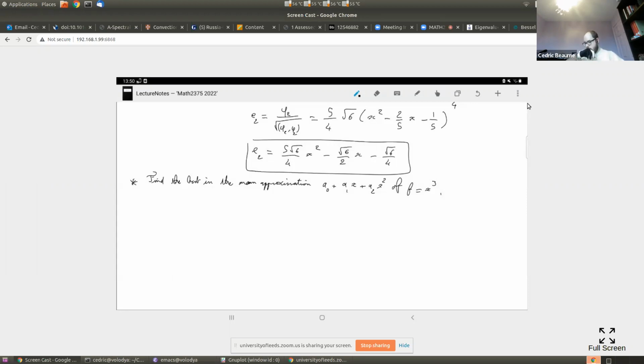So let's do that. The way you do this is actually very simple. You're just projecting against your vector. So you're going to say that a0 plus a1x plus a2x squared is a projection, same as when you do a Gram-Schmidt decomposition. The idea is we project.